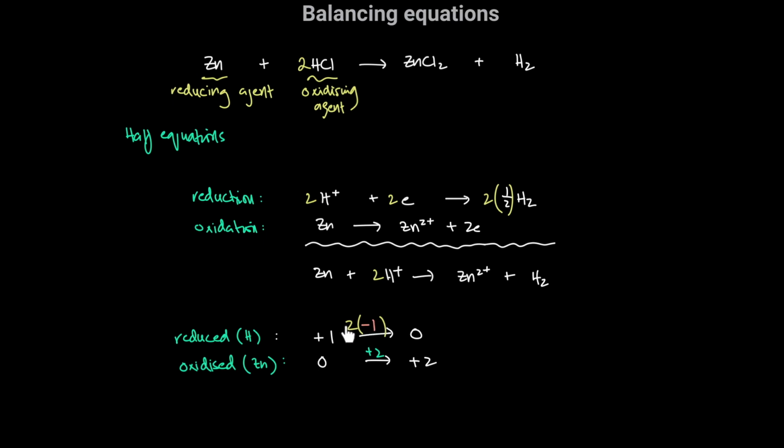So we need two H pluses to gain those two electrons. Two hydrogen atoms need to change their oxidation number by -1 to balance the increase in oxidation number of zinc. So we need two hydrogen atoms for every one zinc atom.